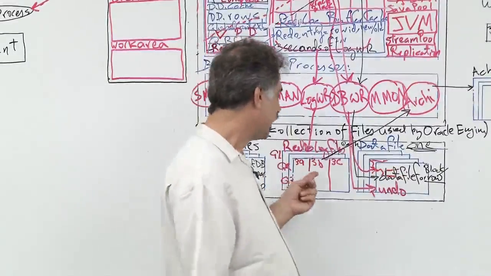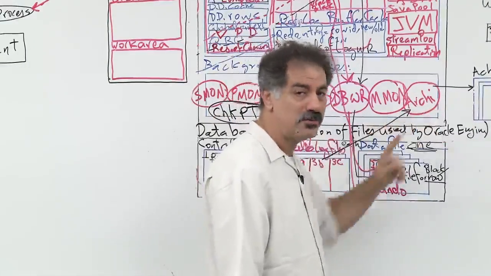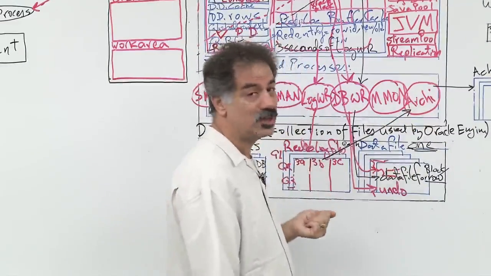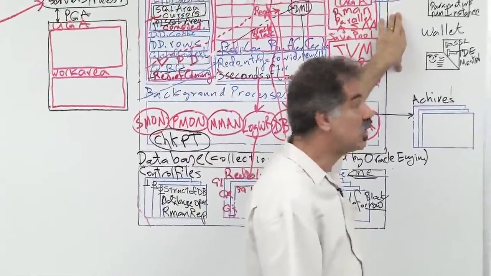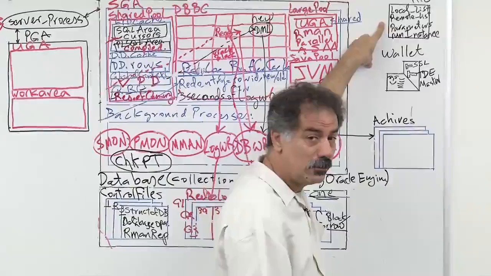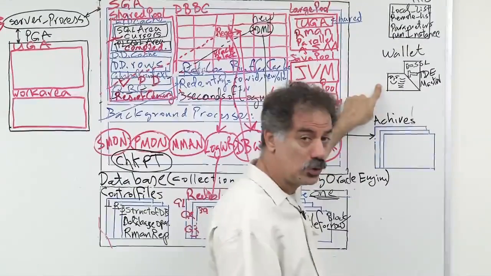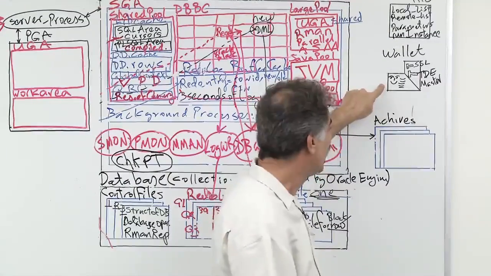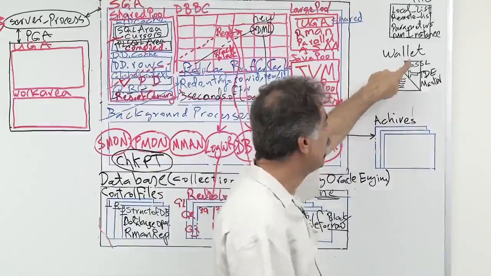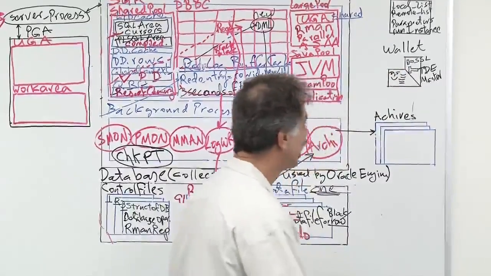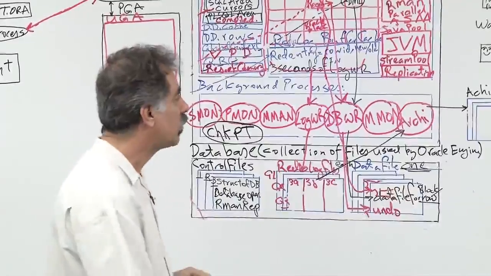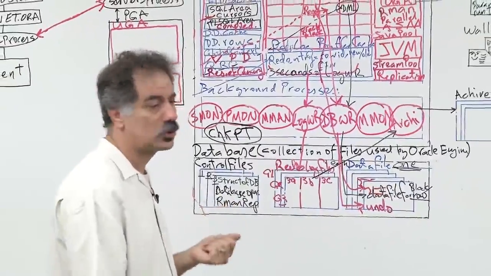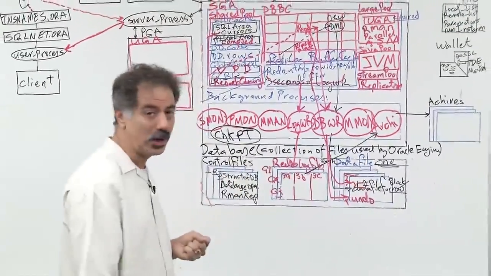We talked about creating a copy of the redo into the archives, performing it for the recovery aspect. For the start of the instance and the management of our system operation, we have our parameter file. And then we talked about a security file called the wallet, where we have the server certificate and the keys, whether for the SSL public key or for the transparent data encryption, the database master key that is stored in that wallet.